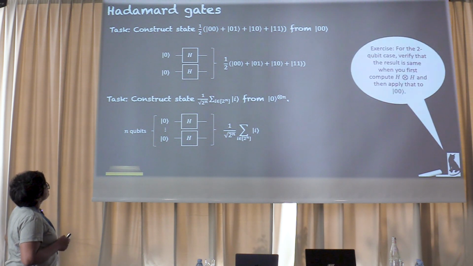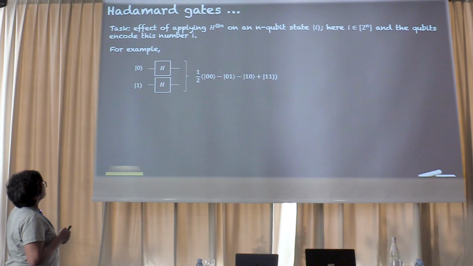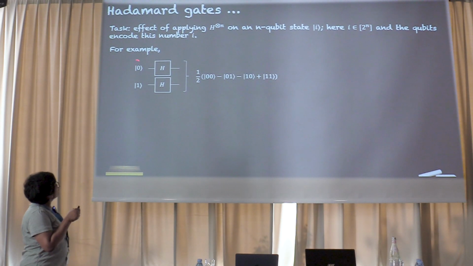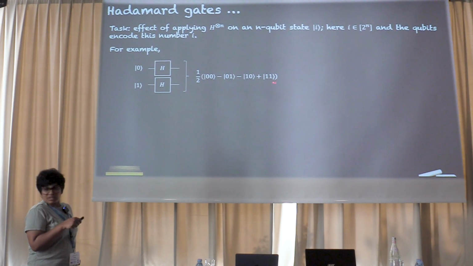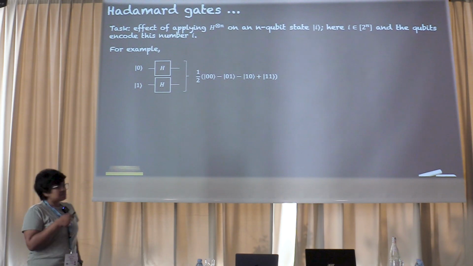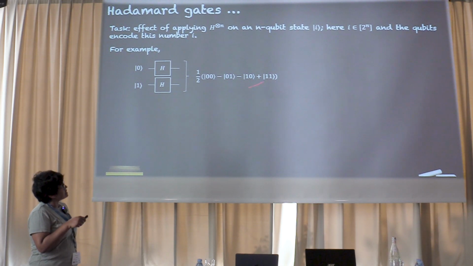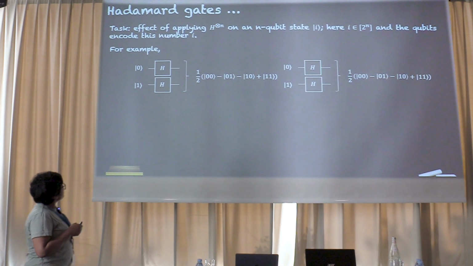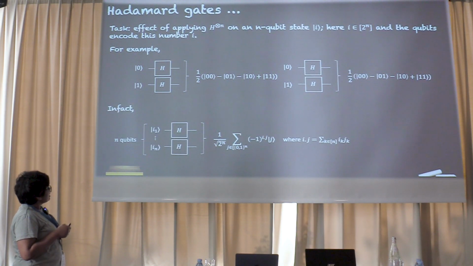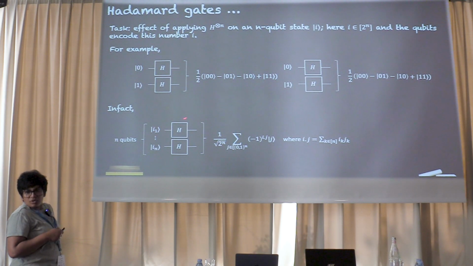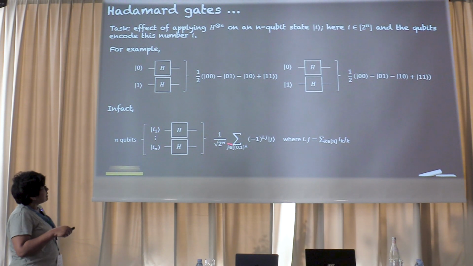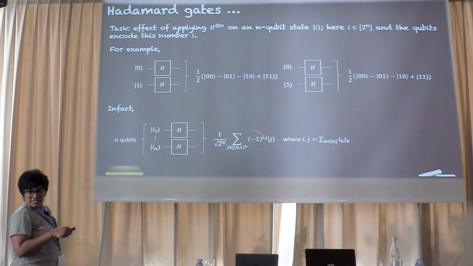Now, why is that important? We'll see soon. One more thing. If I had one of the states as 0 and the other as 1, I will get some minus 1s involved, because this is also just linear algebra. You open it, you'll see. In general, if I had i_1 up to i_n, where each i is either 0 or 1, then I get this complicated looking state.